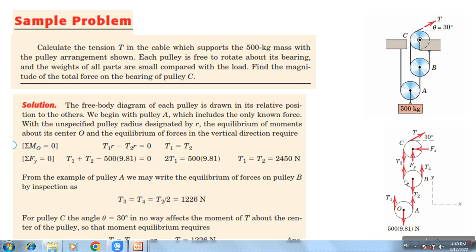This is the conclusion from the example of pulley A. Why? Because now you can see T1 plus T2 equal to that here, that means T3 plus T4 is equal to T2. So again T3 is equal to T4 equal to T2 over 2.